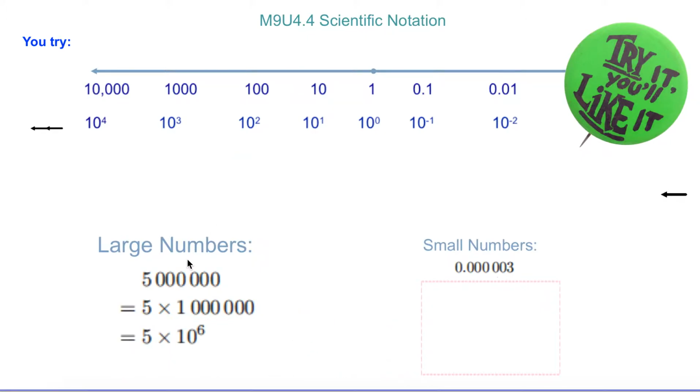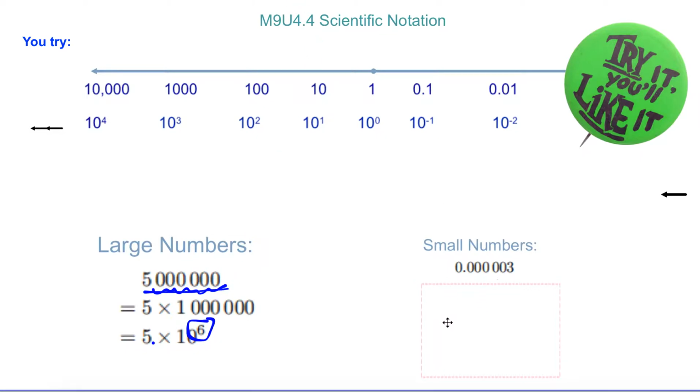A faster way to do that was to take this decimal. We want to make this 5.0, and you moved it 1, 2, 3, 4, 5, 6 places, and you were making 5 a big number, so it's 10 to the 6. It's a positive exponent, so you get a bigger number.